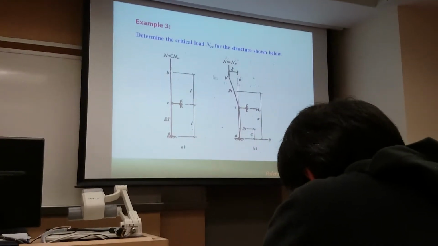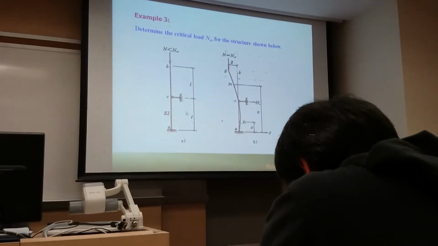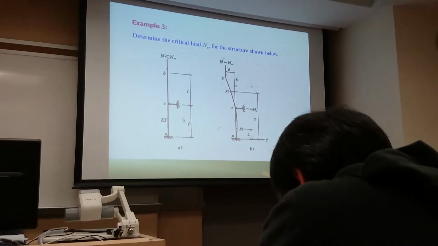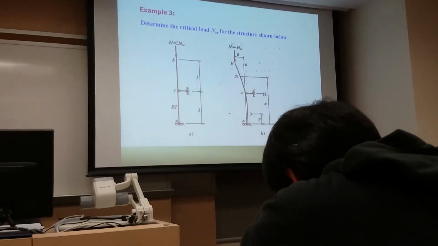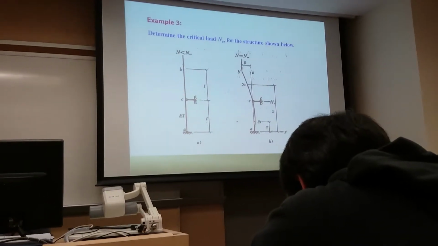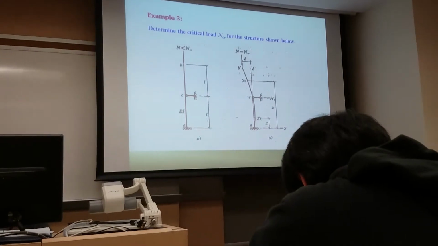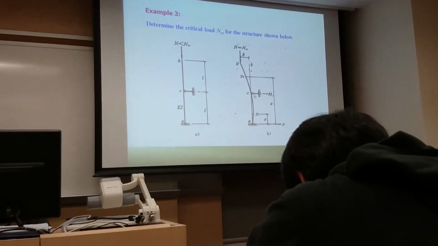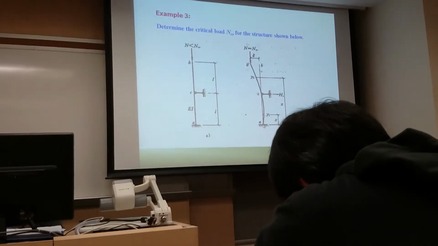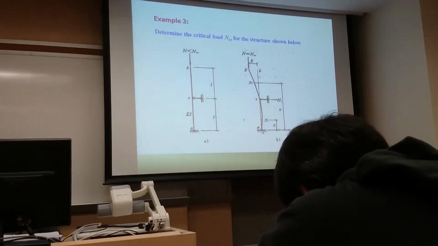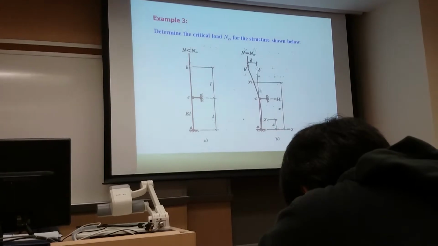When one segment is rigid, you just need to write down the equation for the flexural segment. But here, two segments, both flexural, so you have to write down two equations. I already showed you how to obtain the reaction force at point C, based on the moment about point C, and then we have y1 and y2.